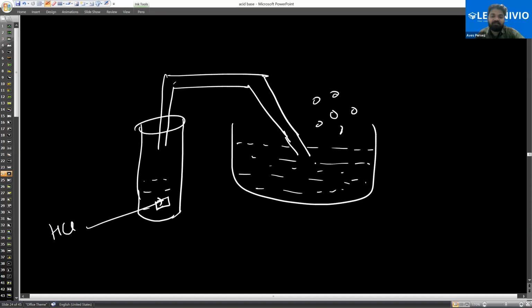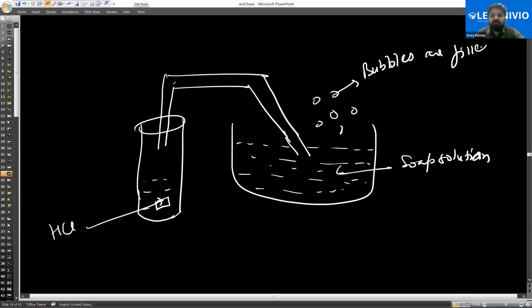Now this hydrogen gas is passed through this soap solution, and the bubbles are produced. These bubbles are filled with hydrogen gas.